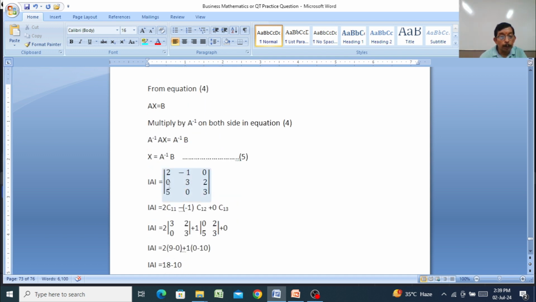C22, second row, second column element, cancel out, then 2, 0, 5, 3.